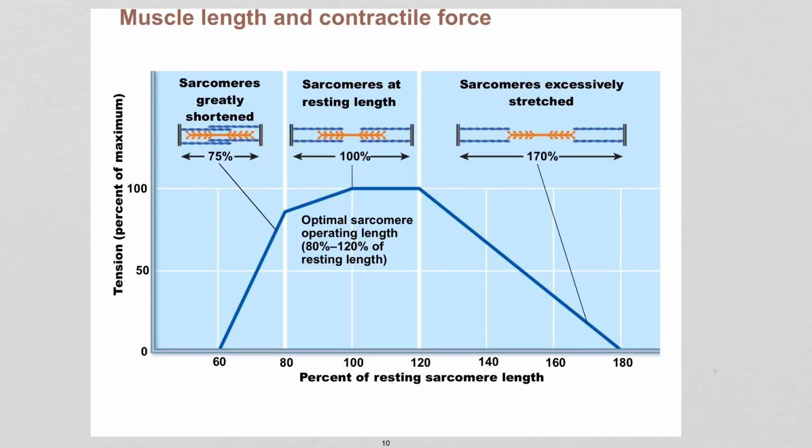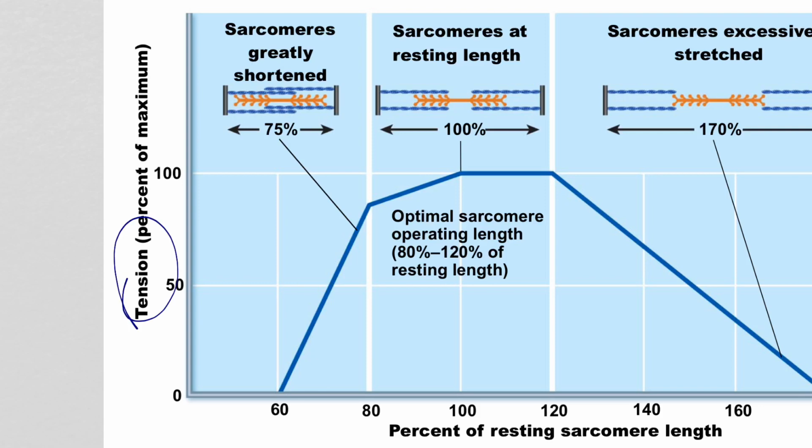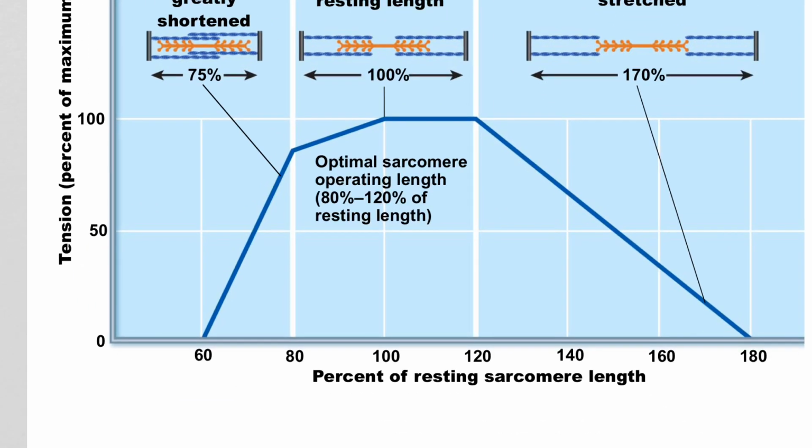And that's what this graph is showing you. I think the benefit of looking at this is it gives you a more realistic view of how actin and myosin are actually interacting with each other. All this is showing you is tension, which you could read as intensity, on the y-axis, and sarcomere length on the x.